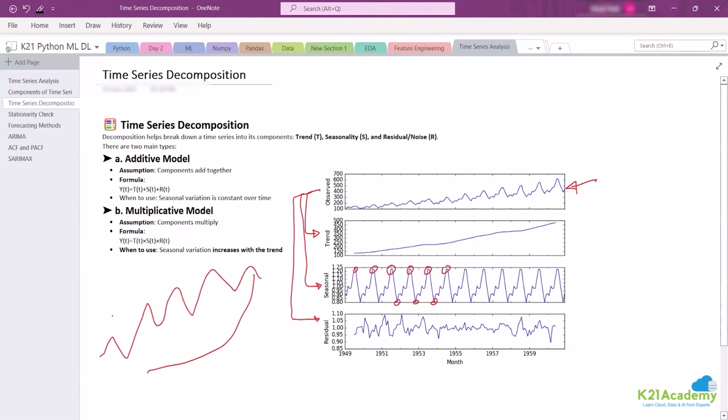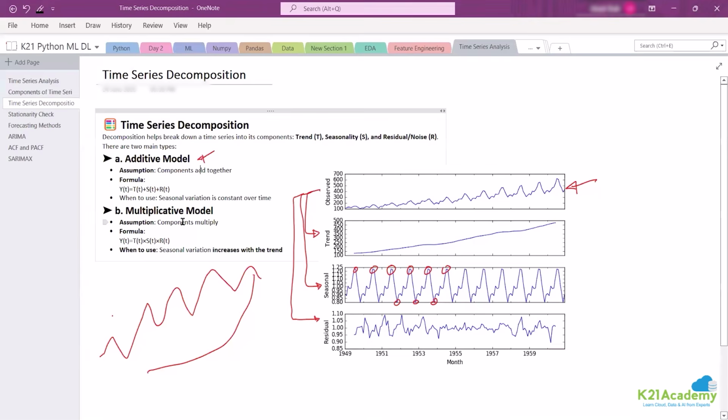Most of the time we use the additive model, but if there is a sudden or exponential change in the pattern, we use the multiplicative model.